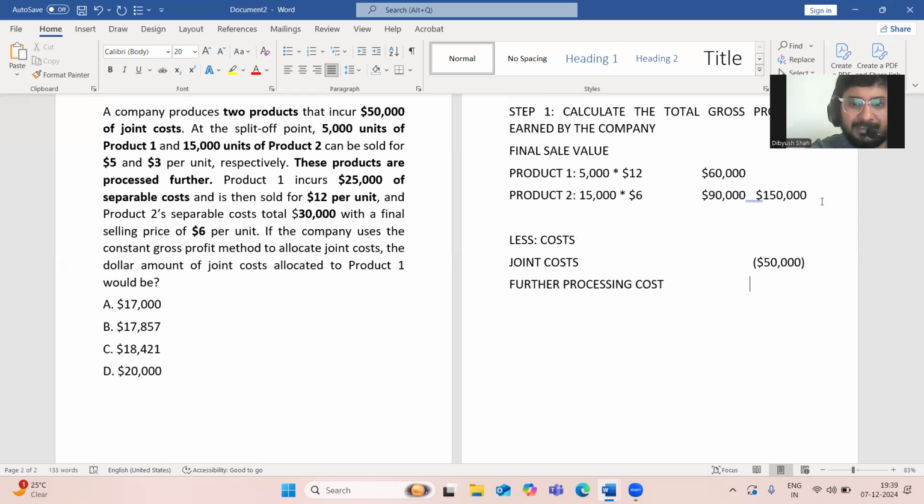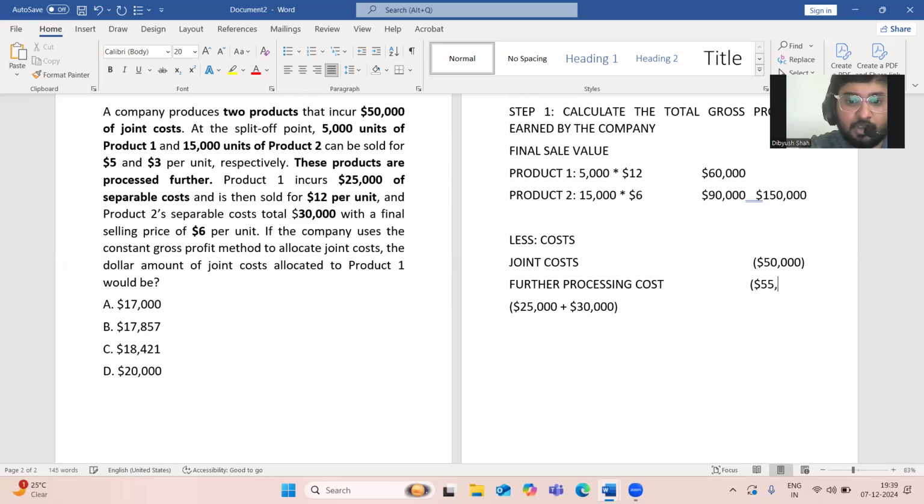That is incurred by the company. $25,000 for product 1 and $30,000 for product 2. So total cost that they are incurring is 25 plus 30, 55.